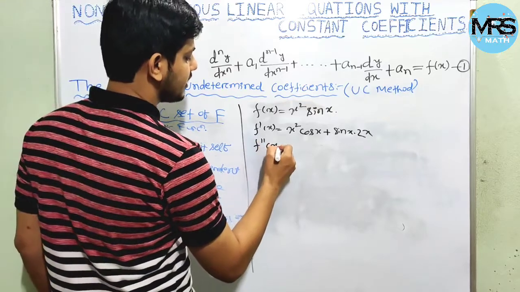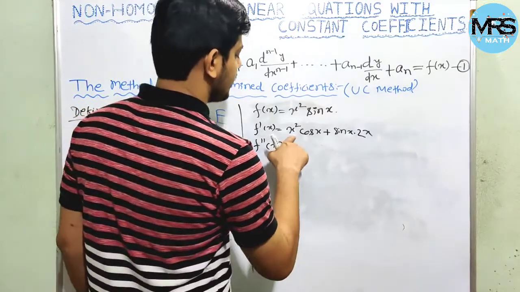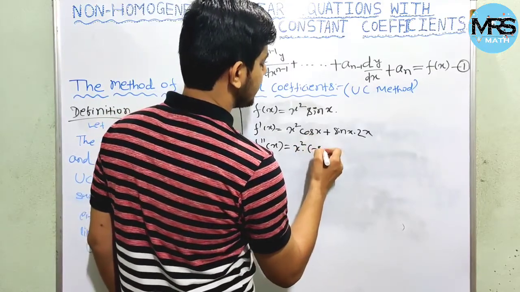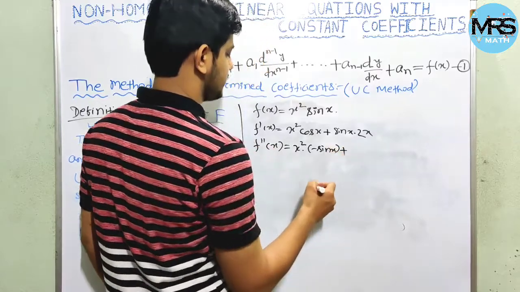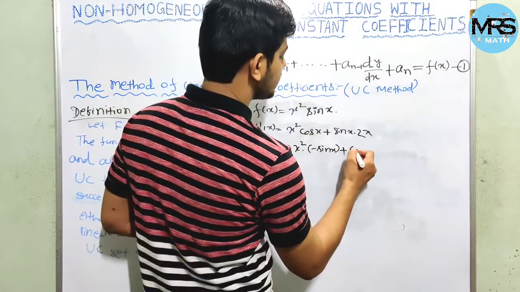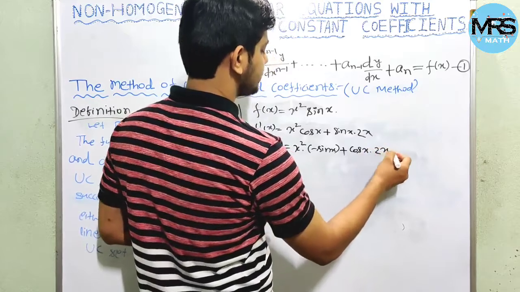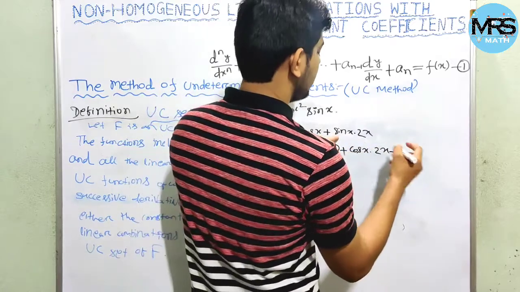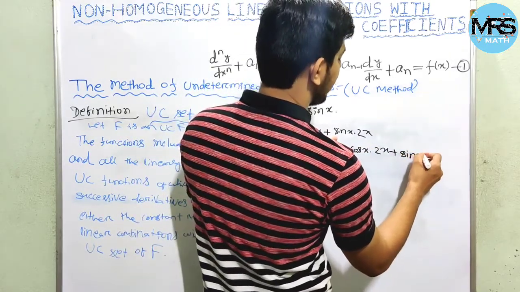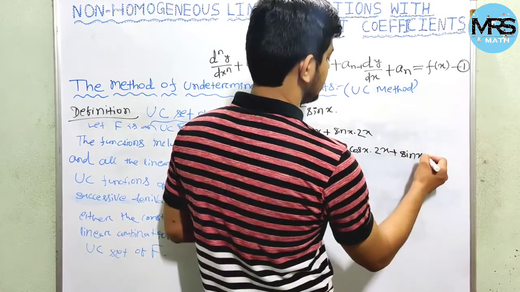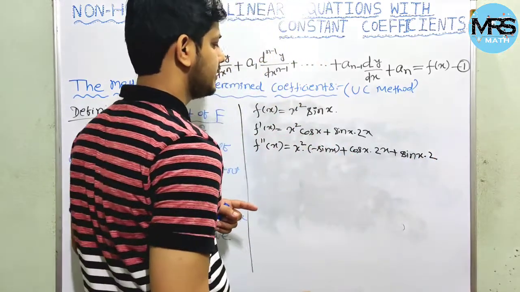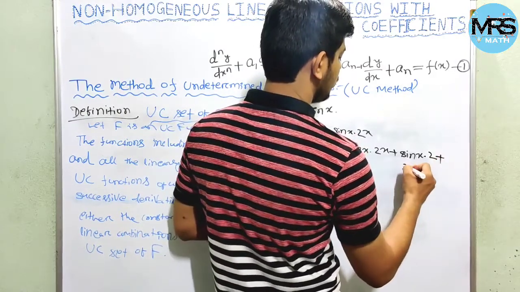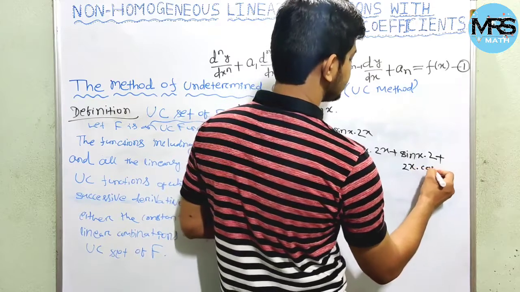If we take the second derivative, what do we calculate? x square into cos x, whose derivative is minus sin x, plus cos x into 2x. So this one job is over. Now we come to this function, sin x into 2, plus 2x into cos x.